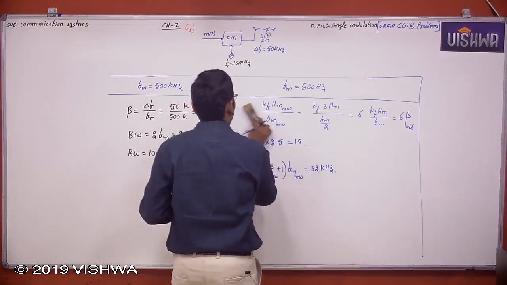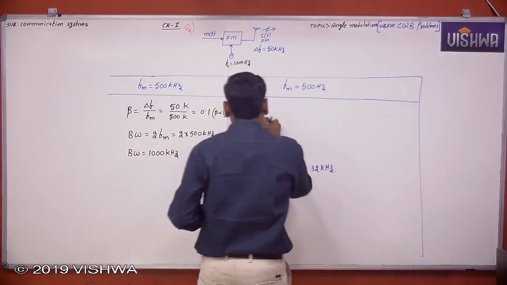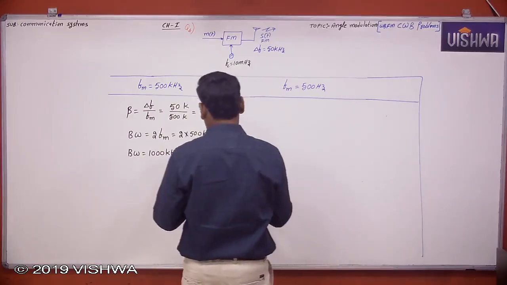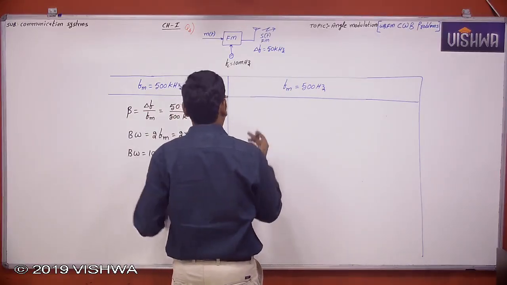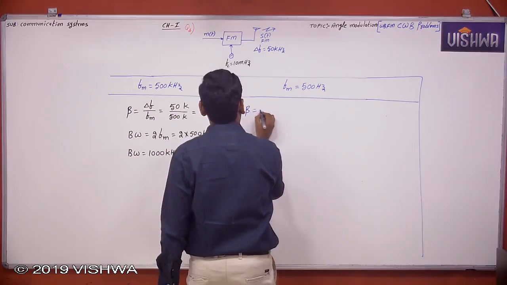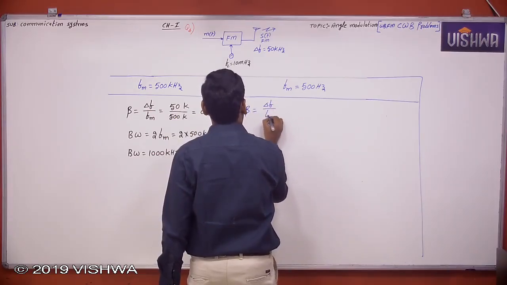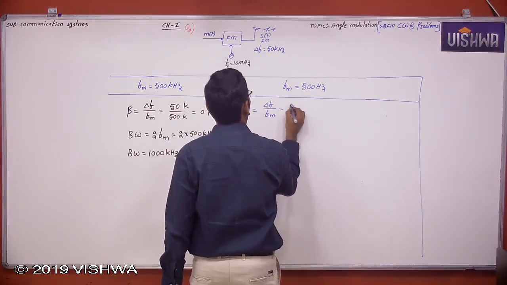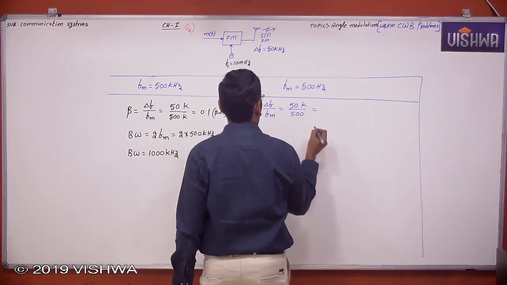Now, the modulation index beta here is delta F by Fm. What is delta F? Which is 50 kilo by Fm, which is 500.